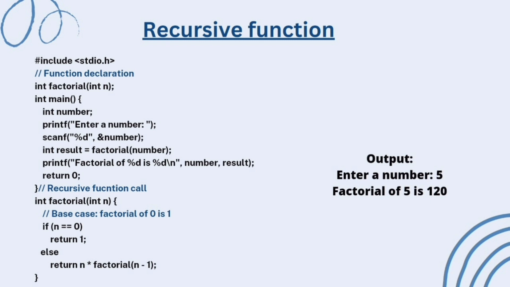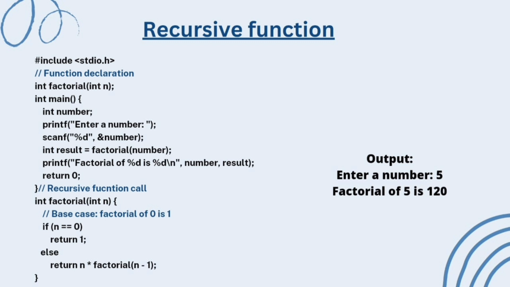Here we pass one parameter, variable n, of data type integer. After declaring, we need to call the function to execute. By using an if-else condition, we check whether the n value given is equal to 0, then it has to return 1, or else it has to return the factorial formula, that is n into factorial of n minus 1.